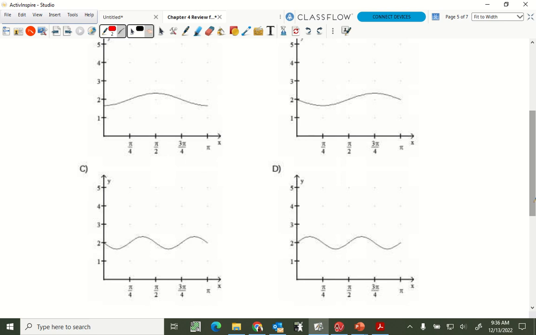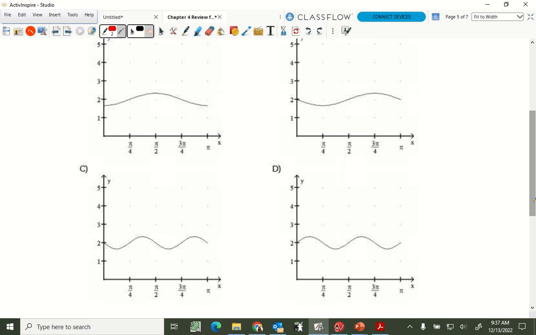What's my domain going to be? What's my x min? My minimum x? 0. And if you notice, my max is going to be pi, right? So you have to use that to match these, to actually go through these. Does that make sense? Okay.